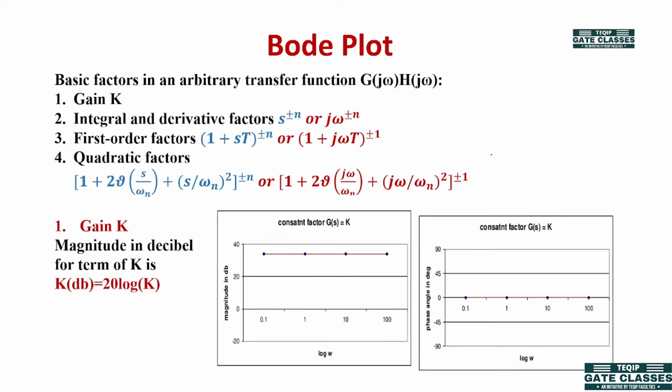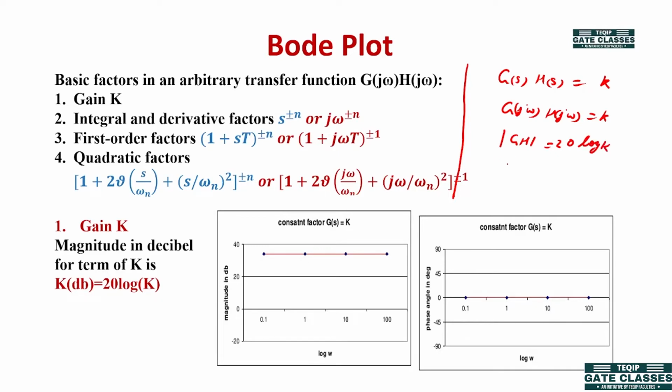So let us consider first that the open loop transfer function is equal to K. So we can write G(jω)H(jω) is equal to K, and the magnitude of GH in dB is 20 log K, and the angle is equal to 0 degrees, as this is a constant form.